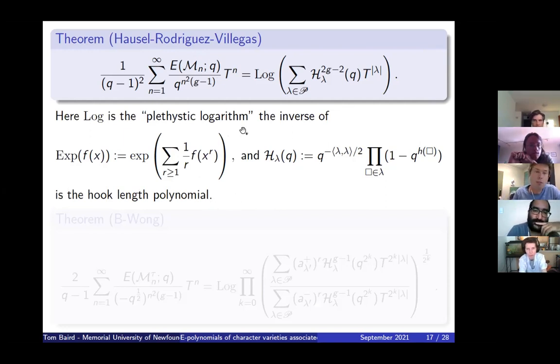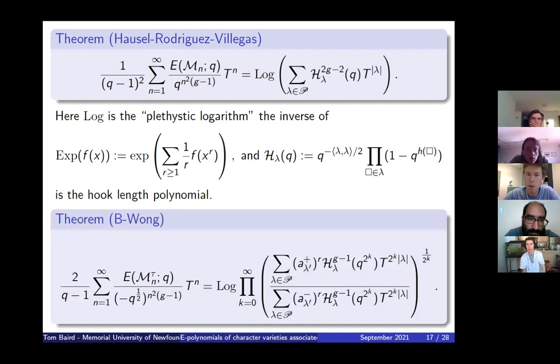Okay, so this is an amazing formula, and it has intrigued a lot of people, and there are interpretations in terms of mathematical physics and Gopakumar-Vafa invariants. It hasn't been proven in full generality yet, though it has in some cases. And what we do is an analog of their result.